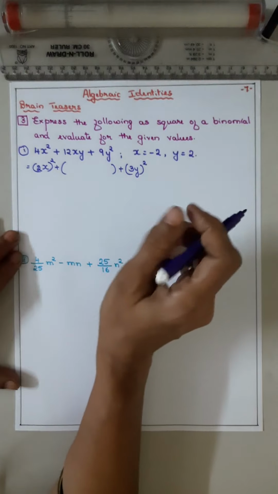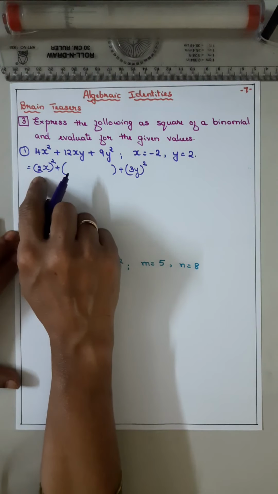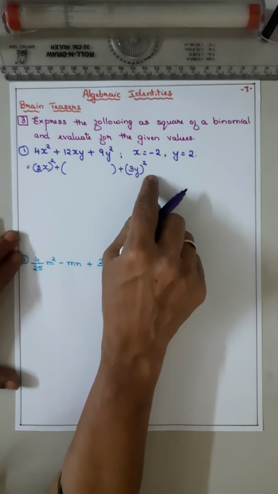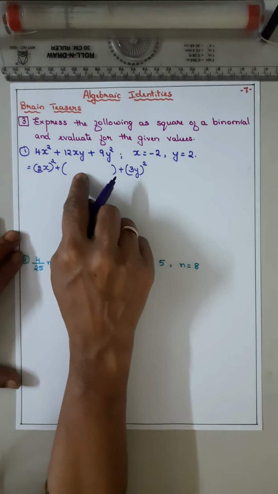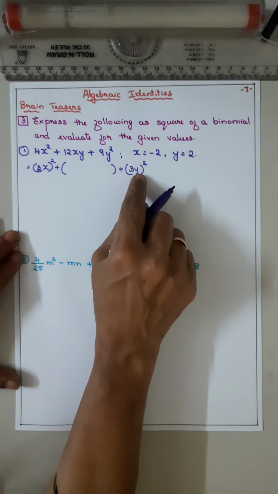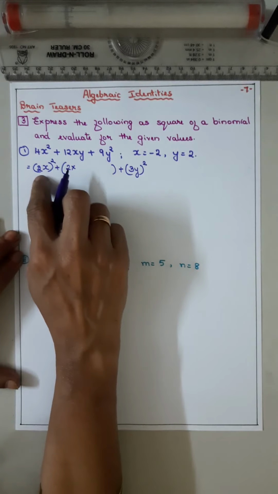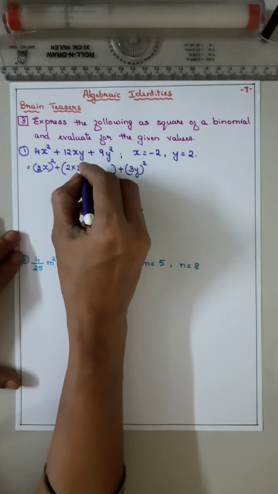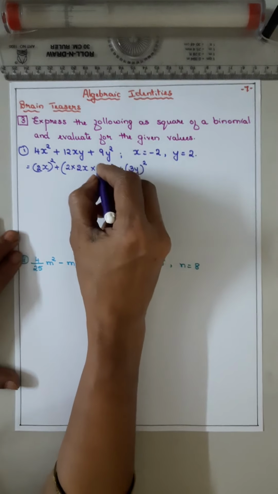And now write the middle term. This is a plus b the whole square, that is a squared plus 2ab plus b squared. So it will be 2 into, first is 2x and the last term is 3y.